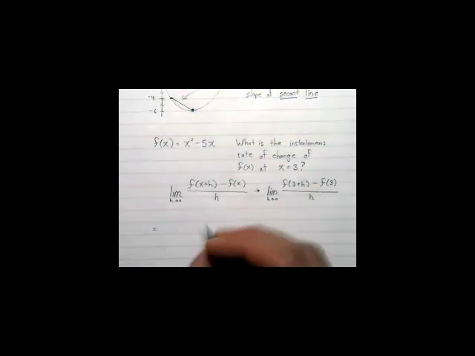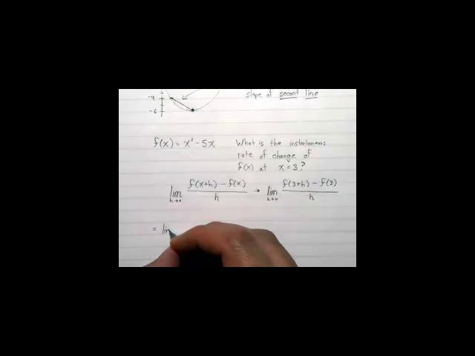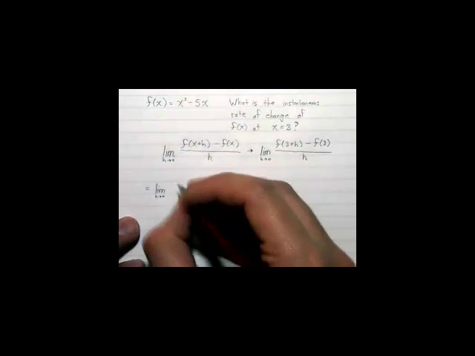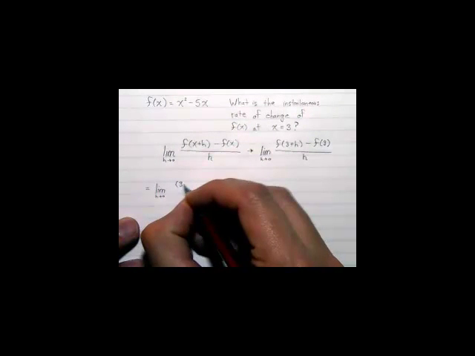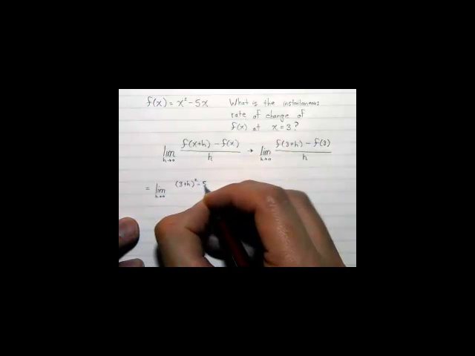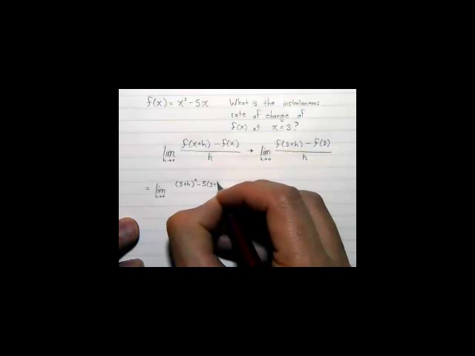All right, well, got to go to our function that we've got up top there and start plugging that stuff in. So that's going to be 3 plus h squared minus 5 times 3 plus h.